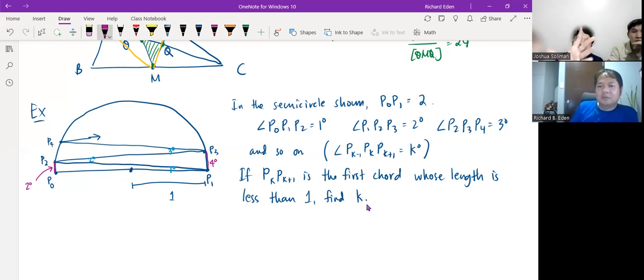Yes. All right. Because we're trying to identify the first k so that this first chord has length less than 1. Let's say it's somewhere here. Let's say P sub k is here, and then P sub k plus 1 is here.